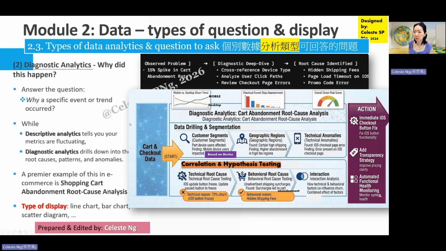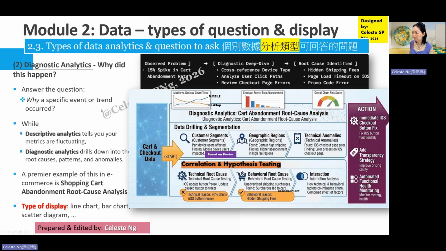Then we look at the second type of data analytics, which is diagnostic. Diagnostic is unique in its own way, because it asks the question about why. Why did something happen? For example, it may answer why a specific event occurred.